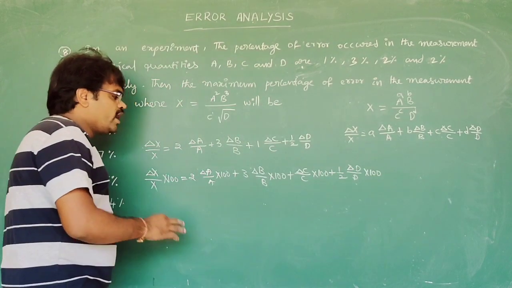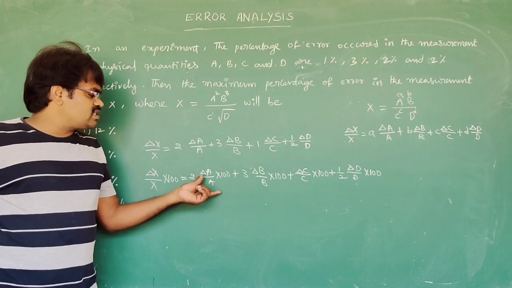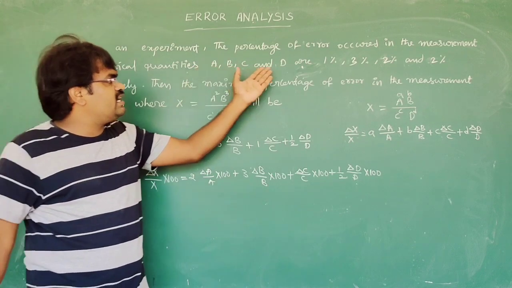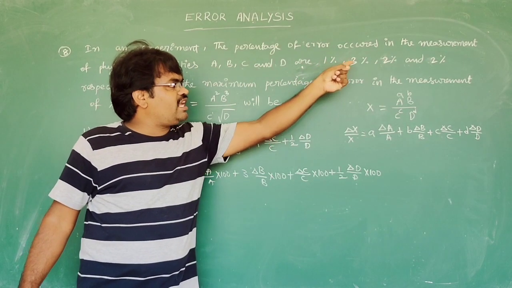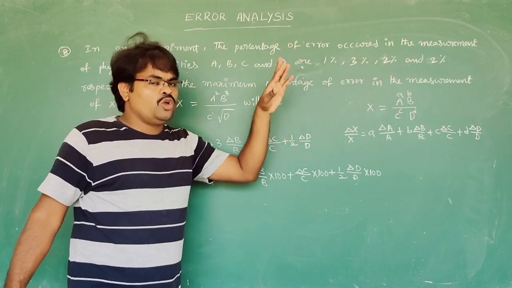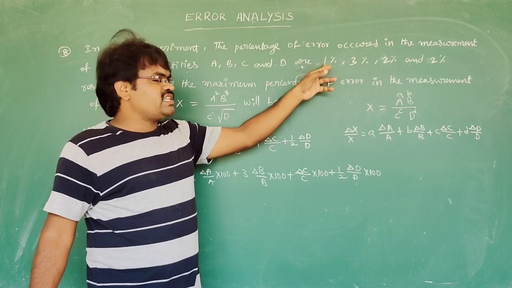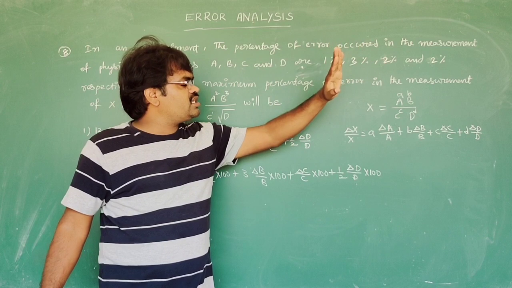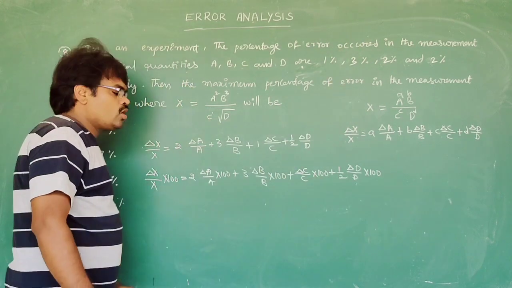Now we substitute the percentage errors of A, B, C, D, which are 1, 3, 2, 2. The percentage error of A is 1%, B is 3%, C is 2% and D is 2%.